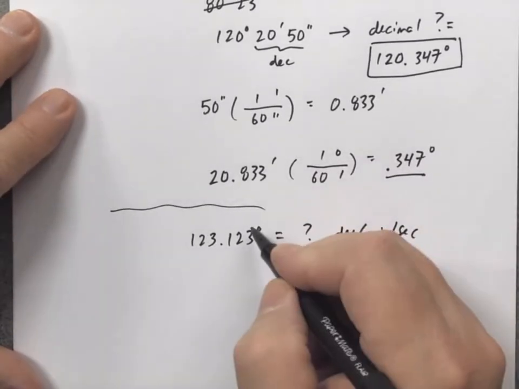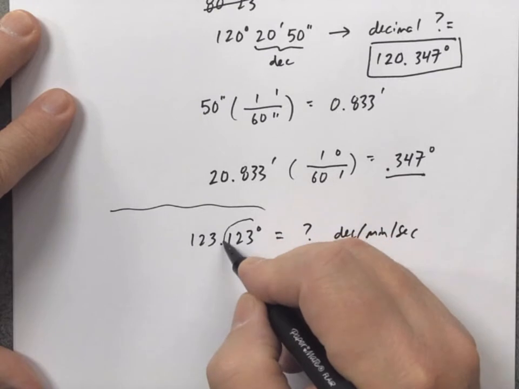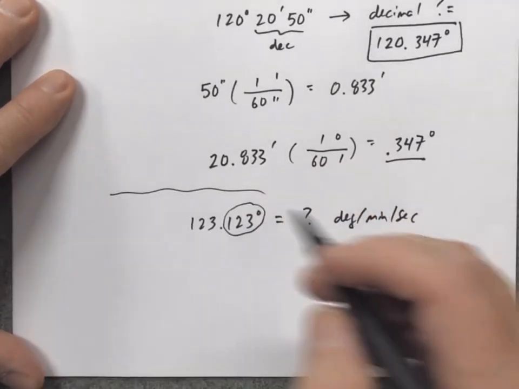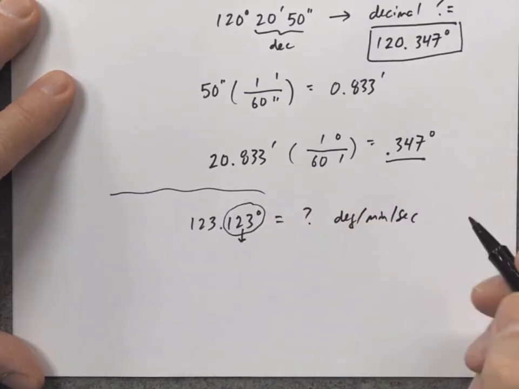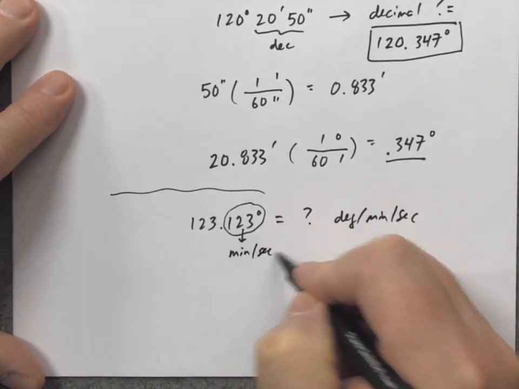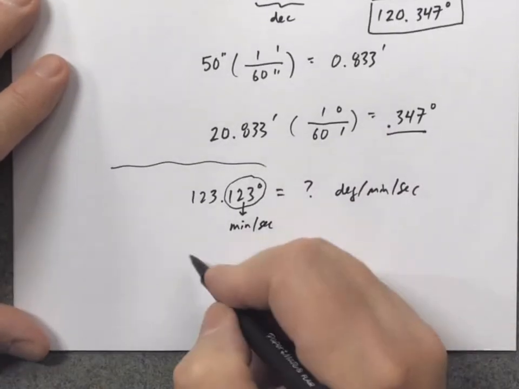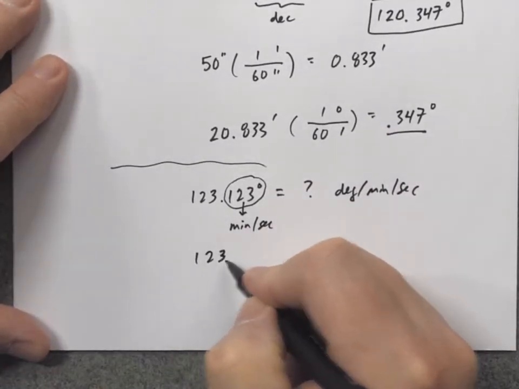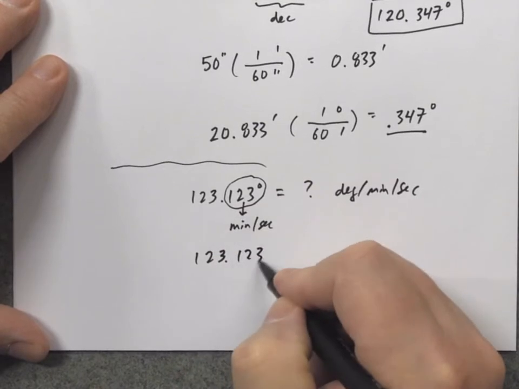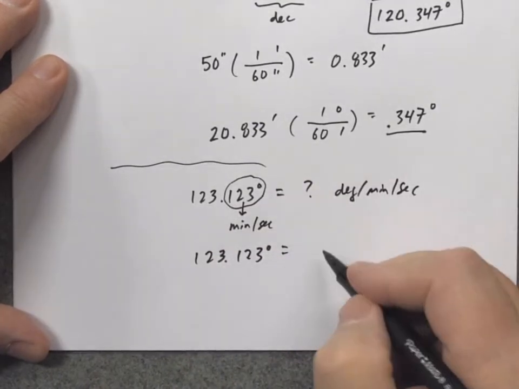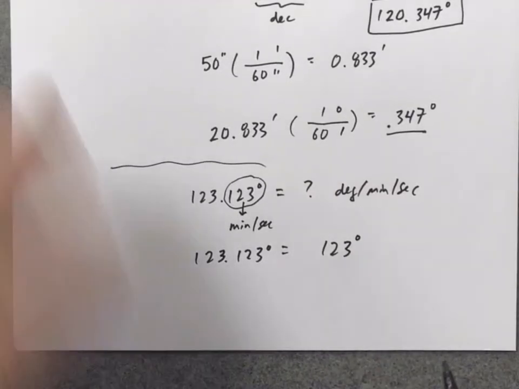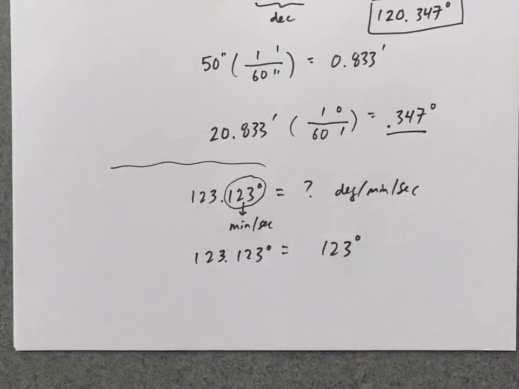So once again, what we're really dealing with, basically I have to take the decimal part of this number and convert that into minutes and seconds. Because the degrees, the whole number part of this is not going to change. So when I do my final answer here, I know right away the degrees part is going to be 123 degrees.